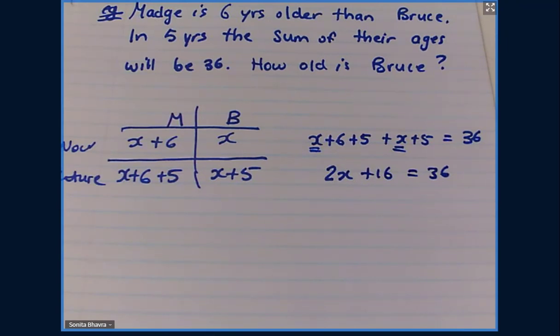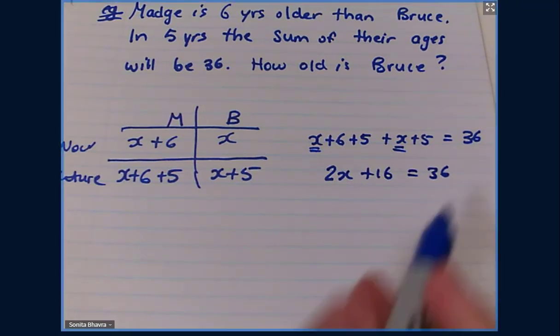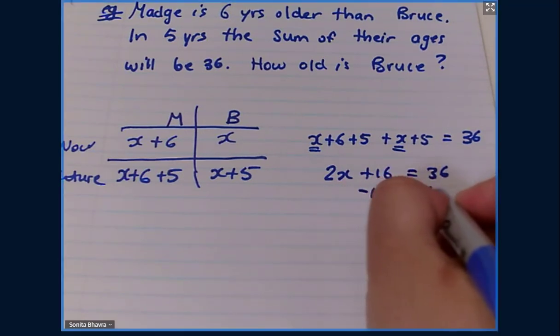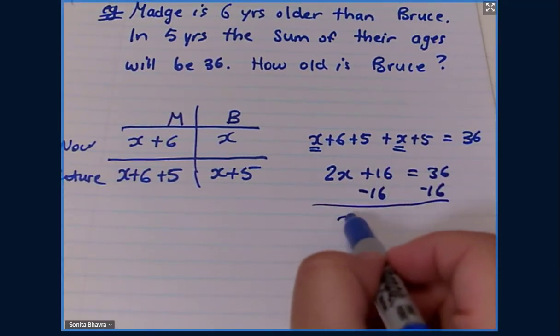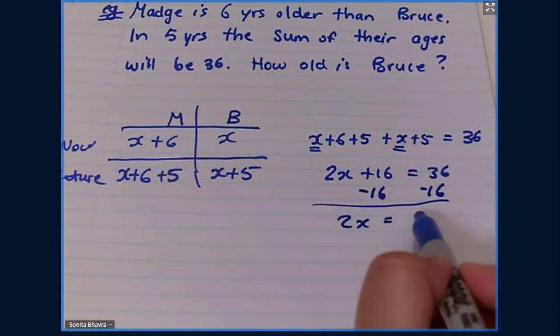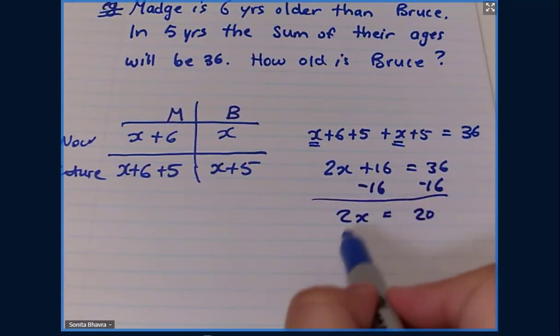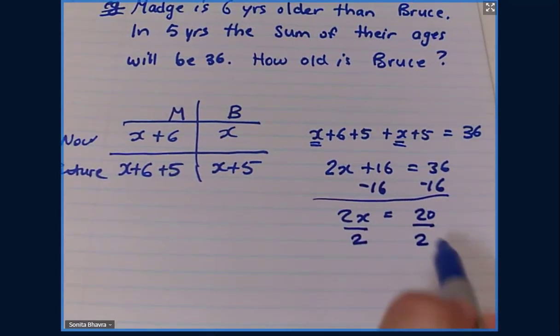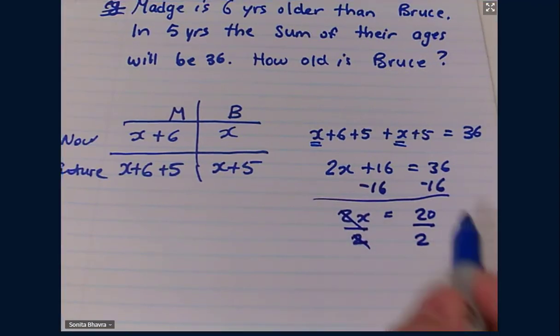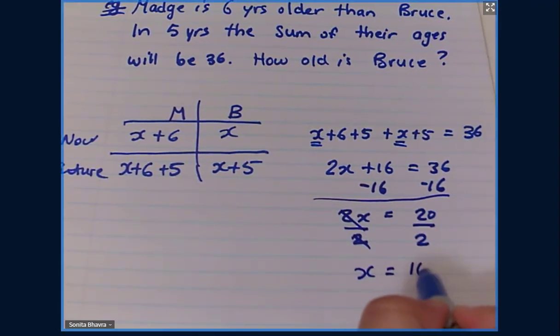And subtract the 16. So we get 2x equals 20, and then divide by 2 on both sides. That gives me x is equal to 10.